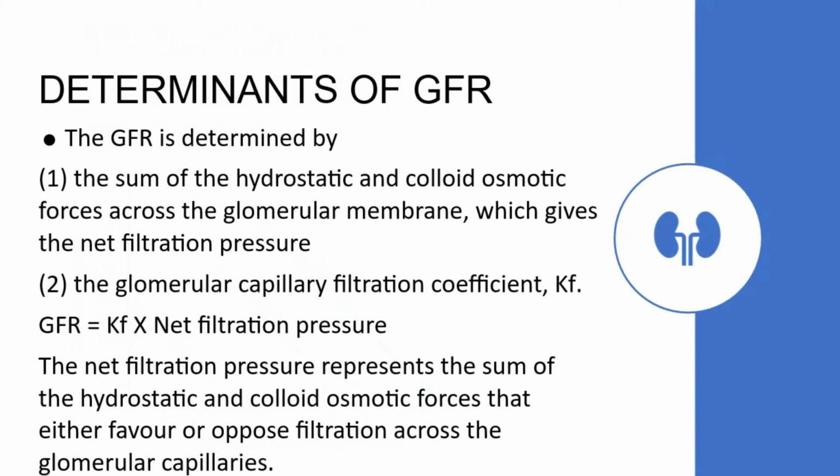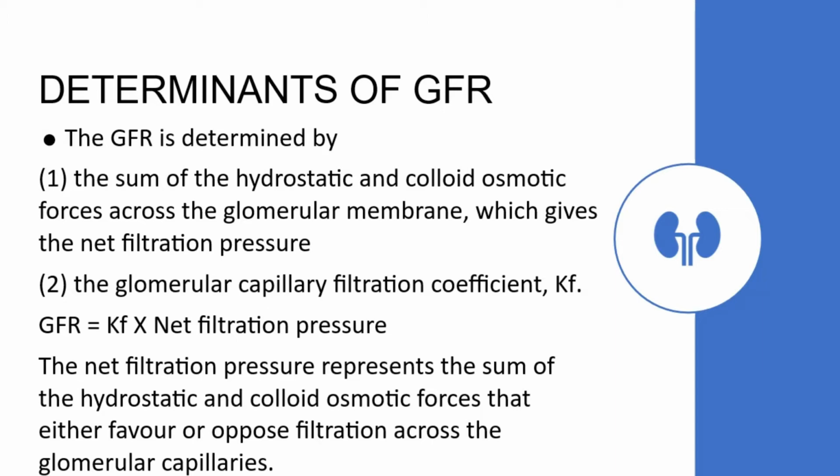Let us now understand how the exact dynamics of glomerular filtration occur by taking a look at the determinants of GFR. The GFR is determined by the sum of the hydrostatic and colloid osmotic forces across the glomerular membrane, which gives the net filtration pressure, and the glomerular capillary filtration coefficient, also represented as Kf.